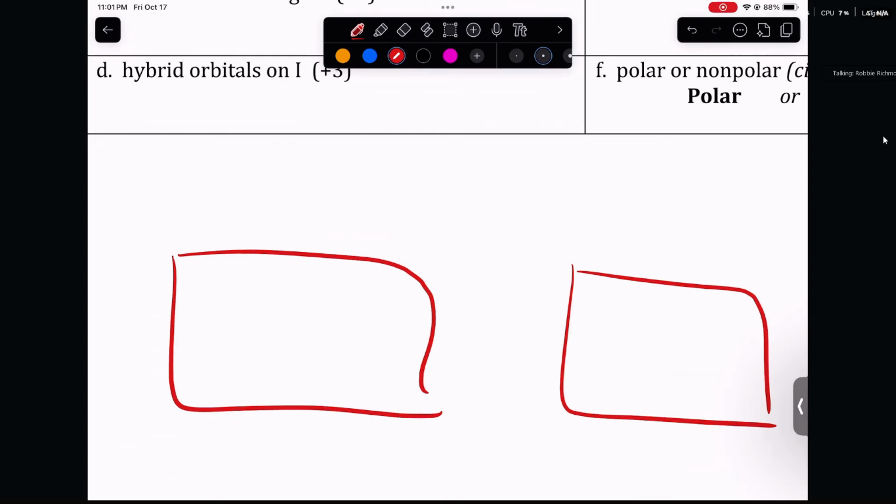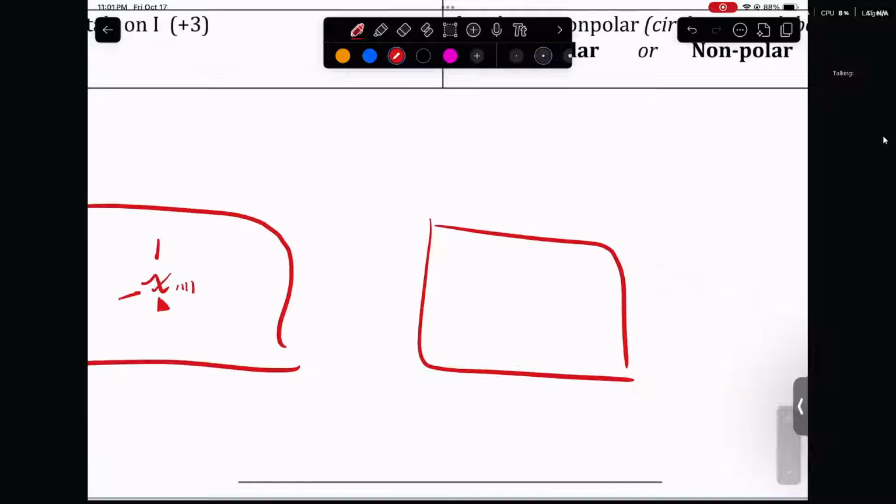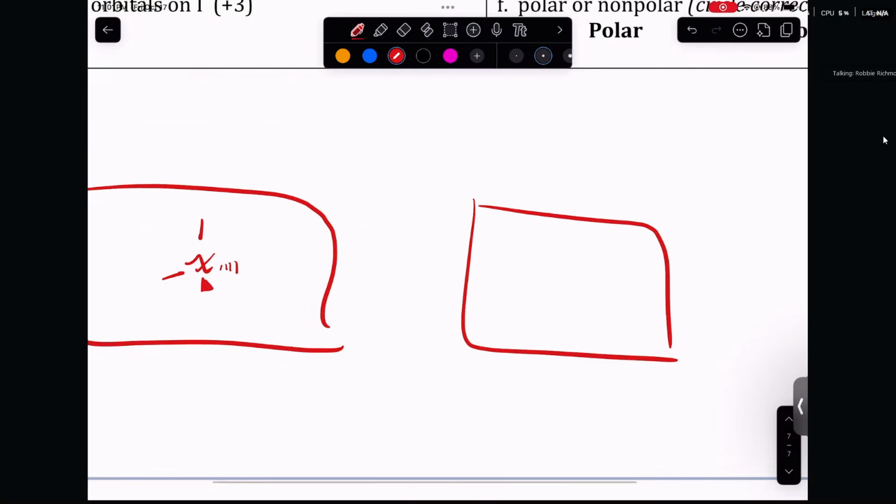So the front of the flashcard, I would have the generic structure of it. So let's just do a generic tetrahedral. And I would ask electron domains, electron geometry, molecular geometry, and yeah, that would be it.